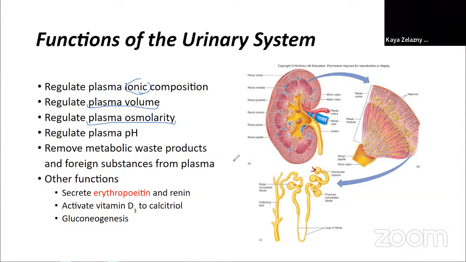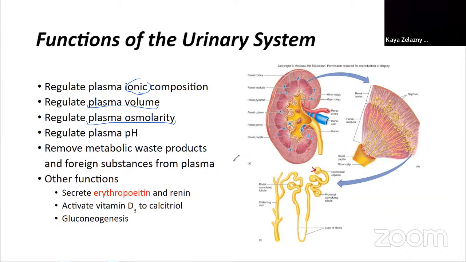There are some sort of tag-on functions of the kidneys as well. So when we were talking about red blood cells, we said that they're being created in response to this hormone erythropoietin. That's coming from the kidneys. So that is another job of the kidneys. They also secrete something called renin, and we will be talking about that later in detail. They activate vitamin D3.